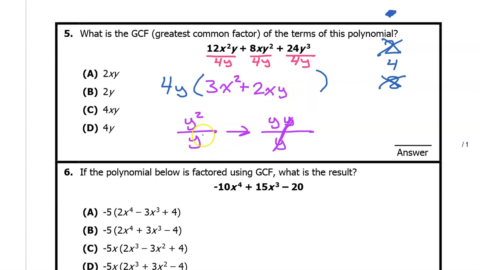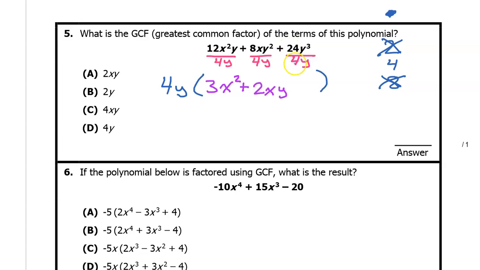Another way that some people like to think about it is by subtraction. When you divide variables, you can subtract the exponents. So if you think of this y as y to the 1 power, then 2 minus 1 is 1. So that gives you y to the 1 power, which is simply y. Some students are more comfortable thinking of it that way. Anyway, enough background information.